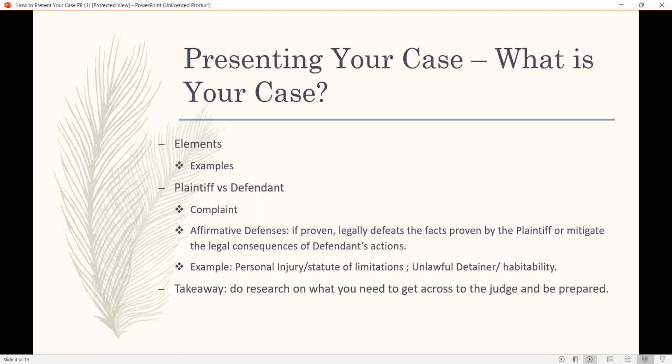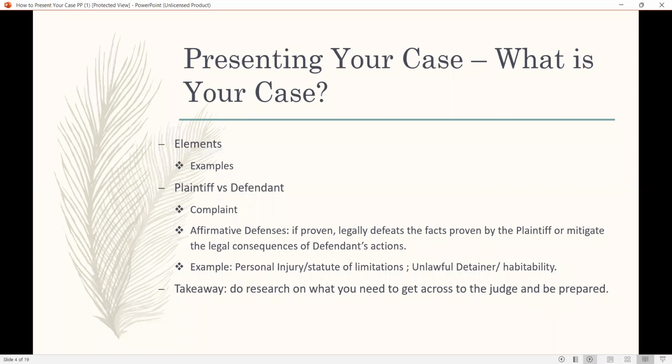So what that means is that even if the plaintiff was able to prove the elements of his or her case and would otherwise be entitled to a judgment, you as a defendant are able to prove different facts that make it so that plaintiff's facts don't legally matter.